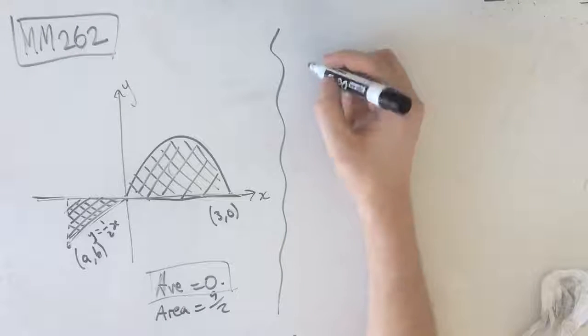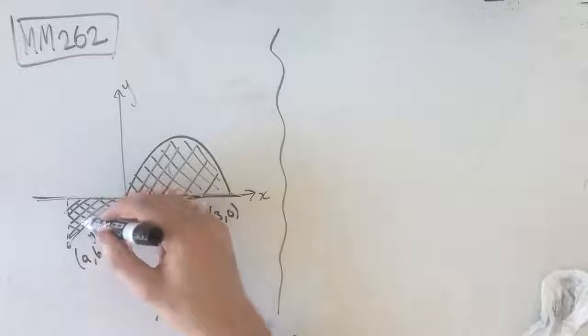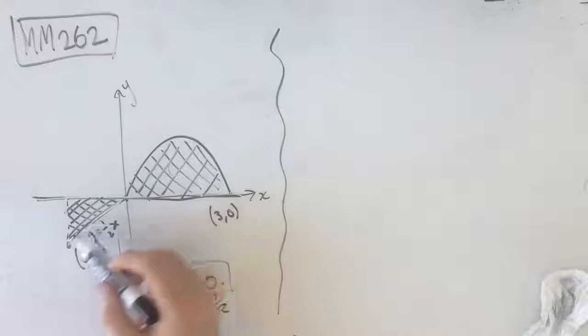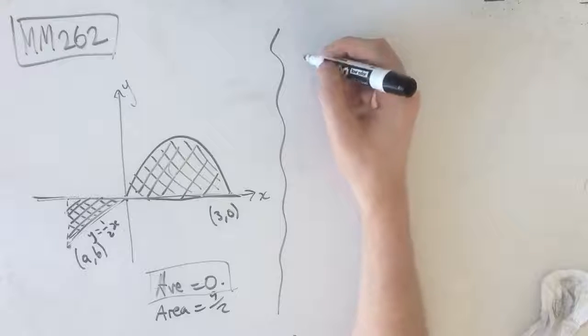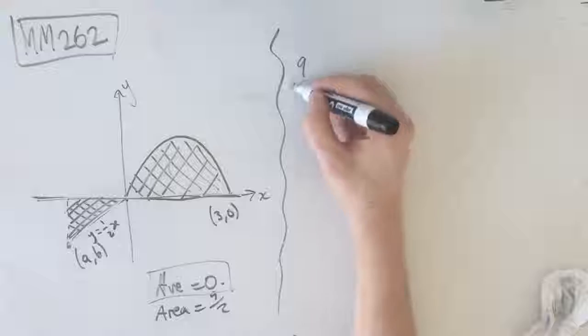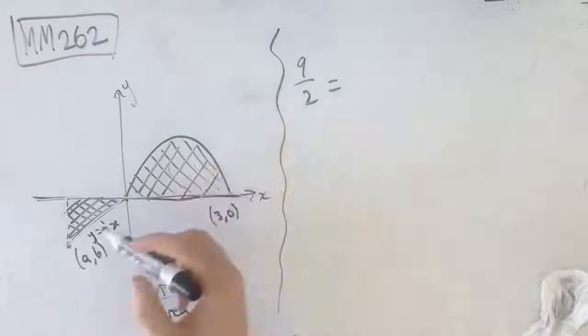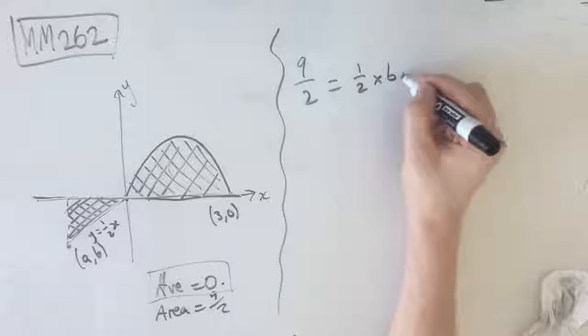So what we can actually do, we can do two things here. We can make this a triangle, which is what I'm going to do, or you could make this an integral from a to 0. But I'm just going to do a triangle to make it simpler. We know that the area is equal to 9 on 2, and the area of a triangle is half base times height.